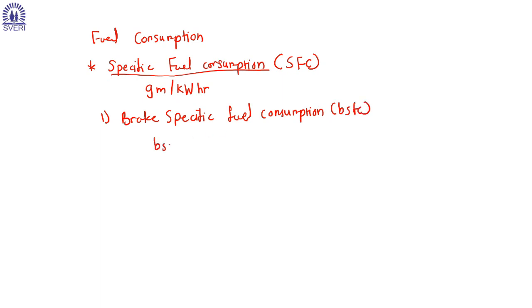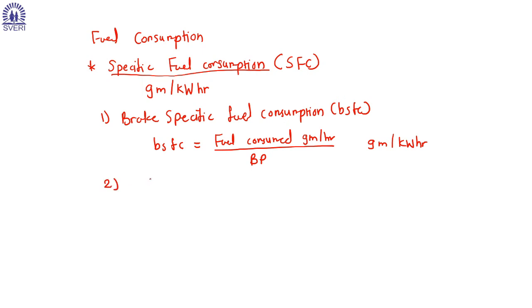This BSFC is the ratio of fuel consumed in gram per hour divided by brake power. So this will give the unit as gram per kilowatt hour.